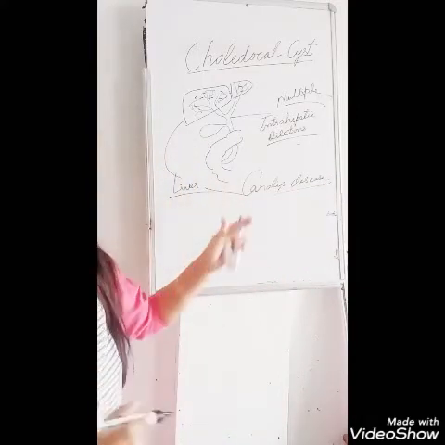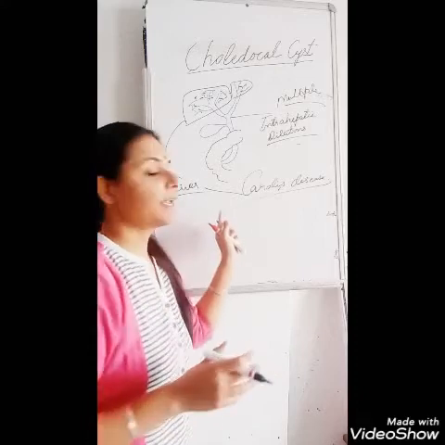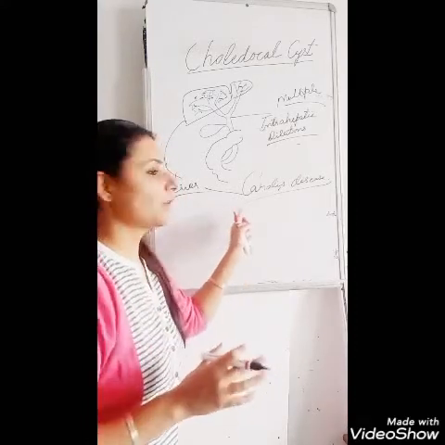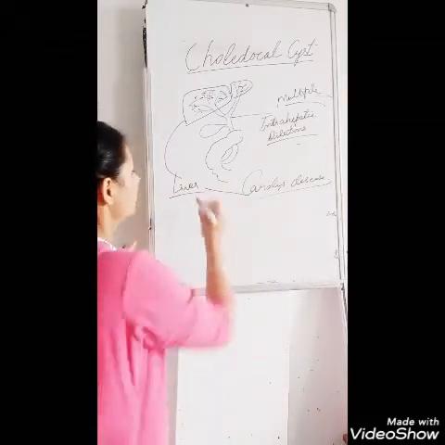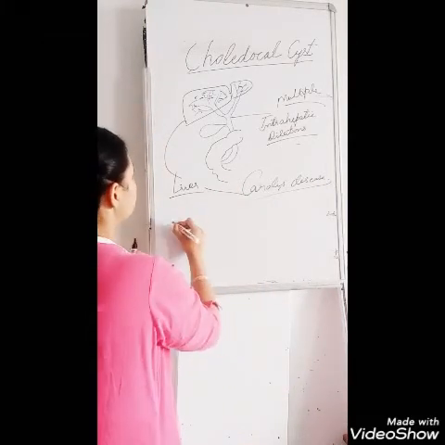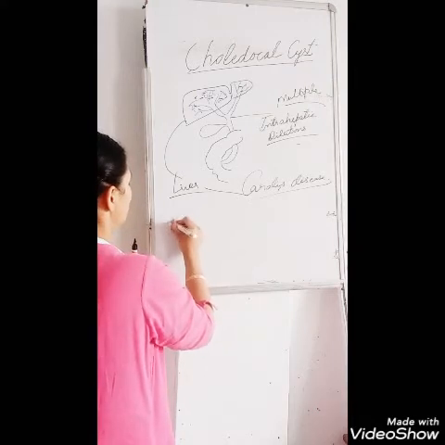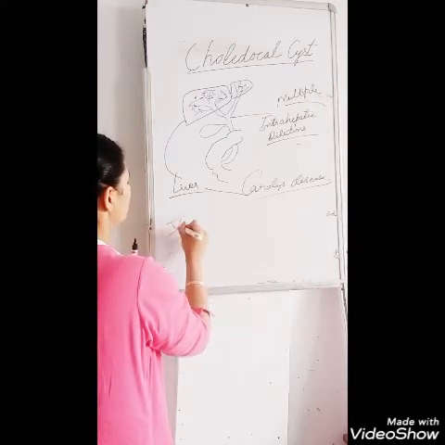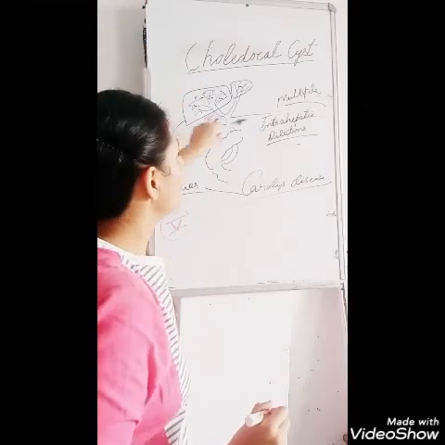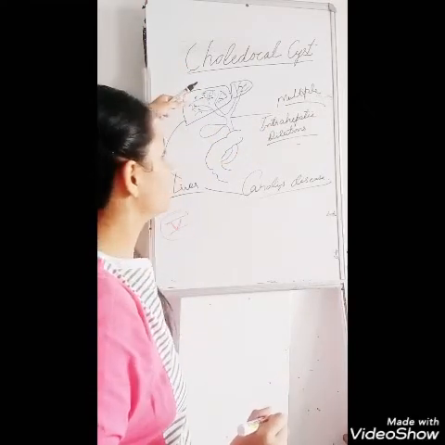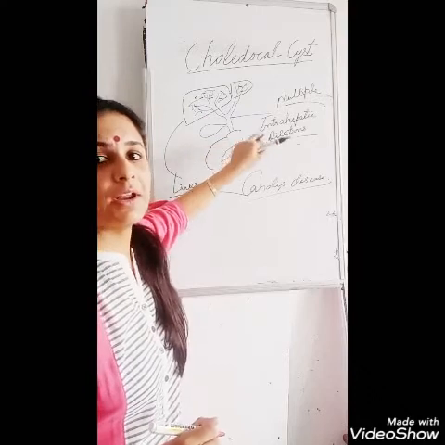I will take the treatment of Caroli disease first, then I will take the treatment of other conditions. This is the 5th classification of Todani. According to the Todani classification, the 5th type of choledochal cyst is where multiple cysts occur in the liver. There is dilatation of intrahepatic ducts.